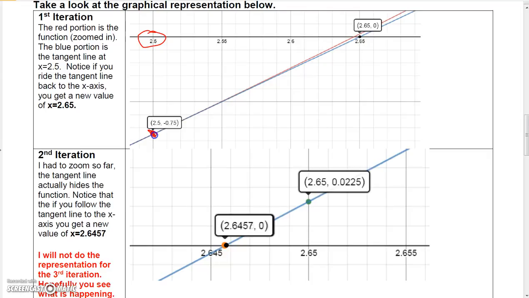And then by setting the tangent line equal to 0, I was able to find where the tangent line crossed the x-axis, and that was at 2.65.